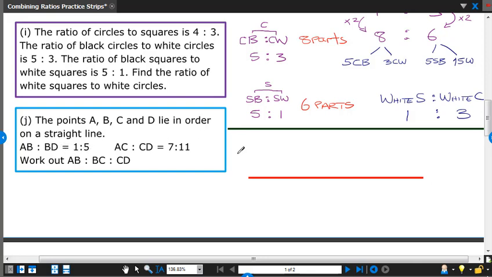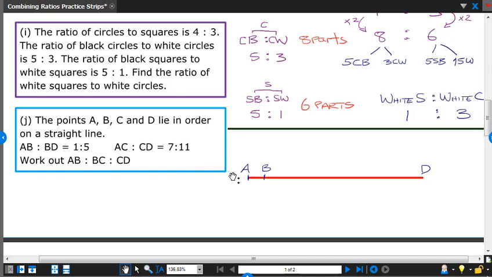Okay, so we're told, let's start with A. We're told A to B, I'm just going to hold this B. AB to BD, so we have ABCD. AB to BD is 1 to 5. So let's say D is down here. So that means the distance from A to B will be 1.